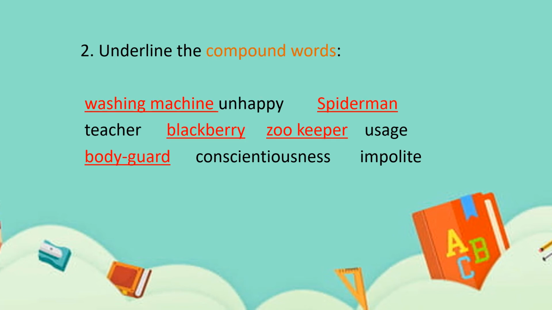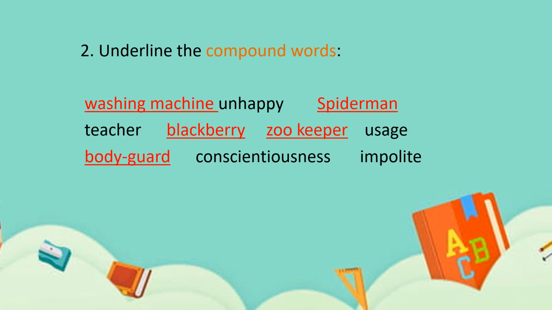Here I have the answers of the exercise. Yes, the word washing machine, of course, it's a compound. Why? Because if you separate it from each other, you will exactly know that they are two words. Washing is a word and machine is another word. But look at unhappy.